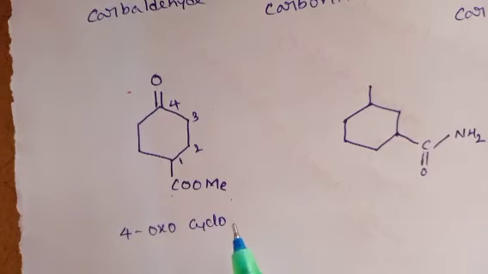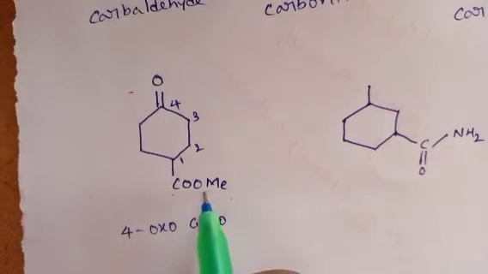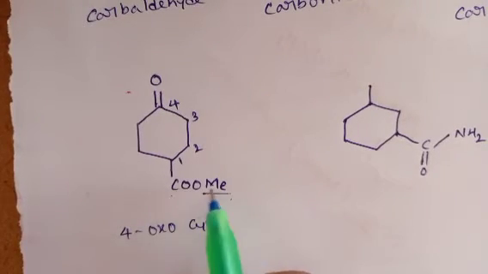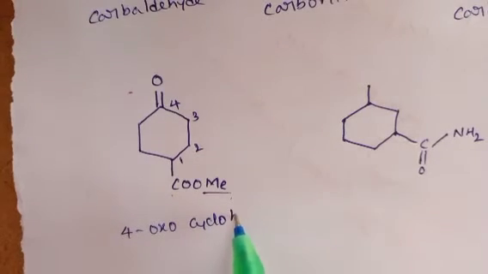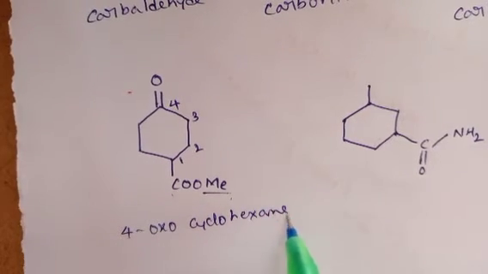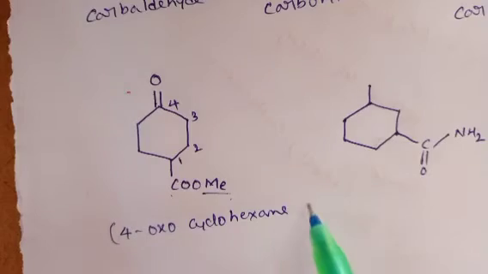Yes, one more small problem is there before writing this one, because this also acts as a substituent, because COOH is converted to COOMe. Me means methyl, Et means ethyl. So this is a methyl substituted ester. So 4-oxocyclohexane, keep it in bracket.